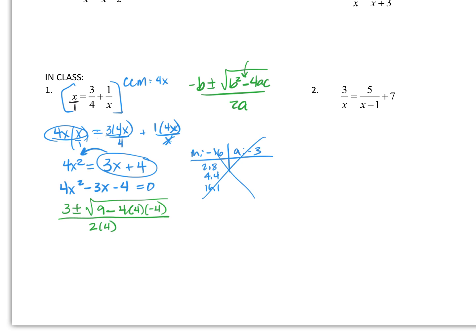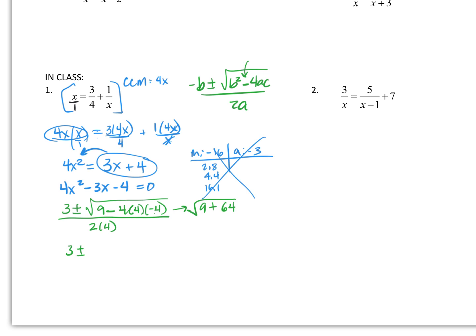Okay, so let's clean up. 4 times 4 times 4 is 64. But I got a negative times a negative, so that makes it positive, doesn't it? So I'm going to be adding. So what's 9 plus 64?